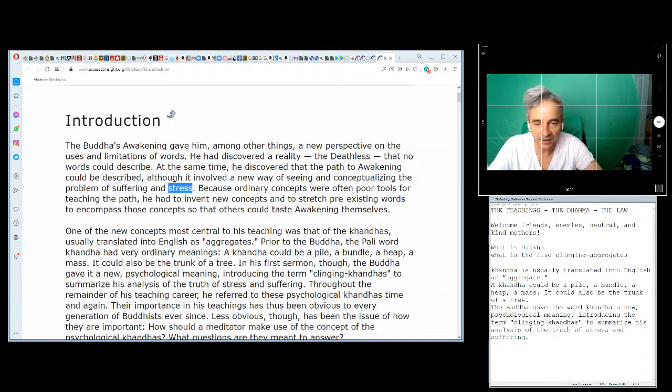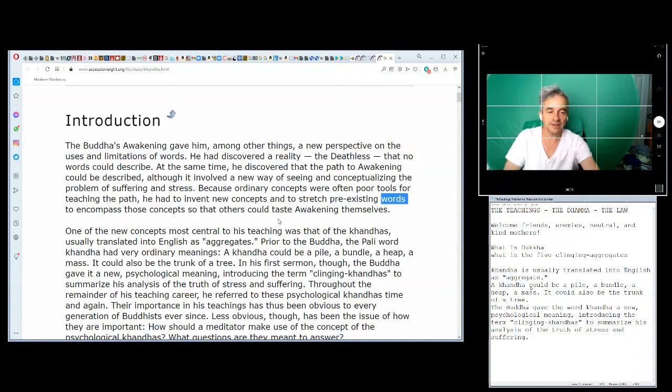Because ordinary concepts were often poor tools for teaching the path, he had to invent new concepts, and to stretch pre-existing words to encompass those concepts so that others could taste awakening themselves.